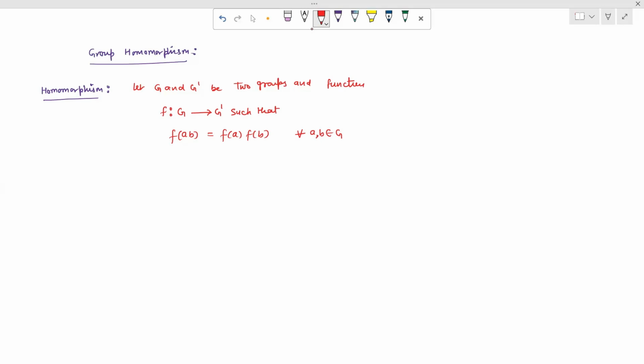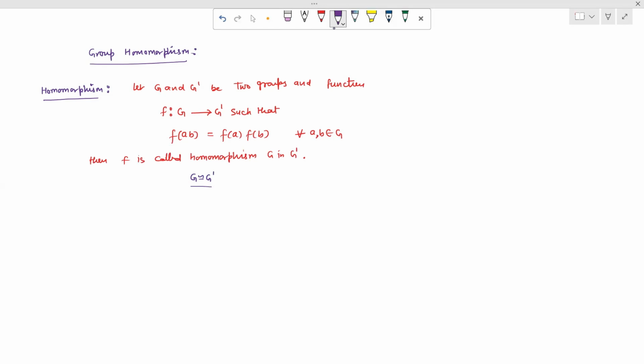Then f is called a homomorphism from G into G dash. In short, we can write it symbolically: f is called a homomorphism G into G dash.